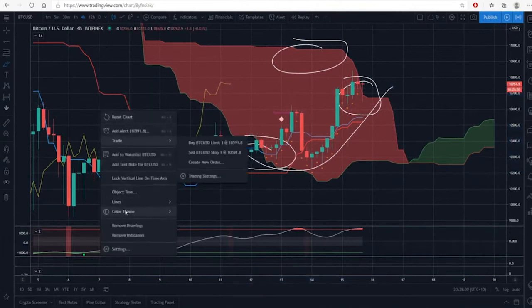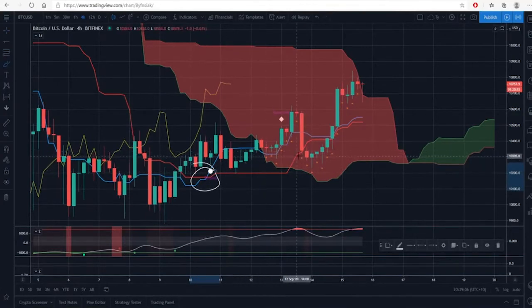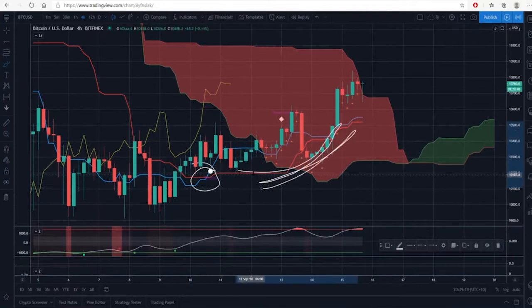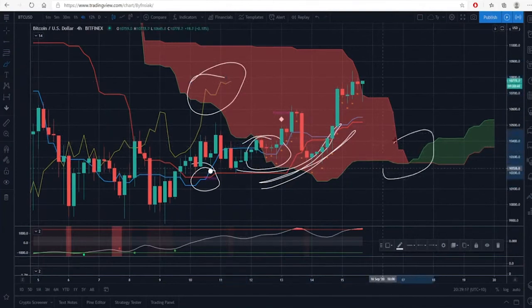So how would we identify that? Well, pretty simply, once again, we had a bullish TK cross here. We had the angle of our base and conversion lines start trending upwards. We had a break inside the cloud. Our Chikou is now inside the cloud, and we had a bullish Kumo twist here.